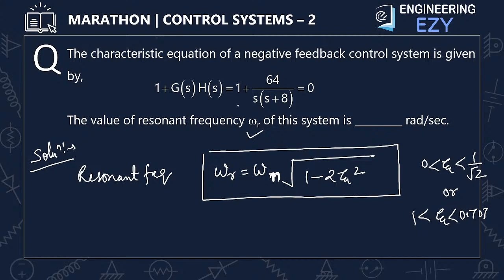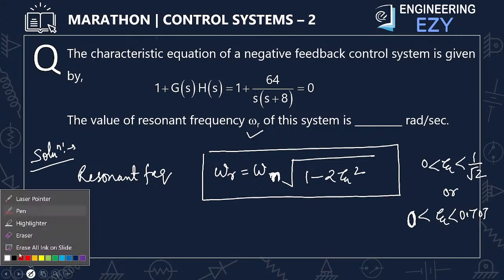You have to cross check whether zeta is less than 0.707 or not. If zeta is not less than 0.707, you cannot apply this formula, or you can directly say resonance will not occur. So before applying the formula, you must ensure that zeta is less than 1 by root 2.